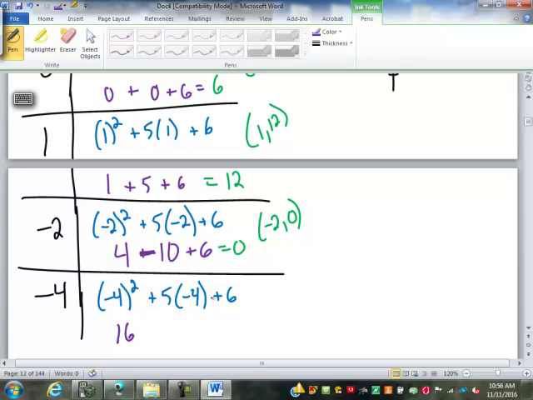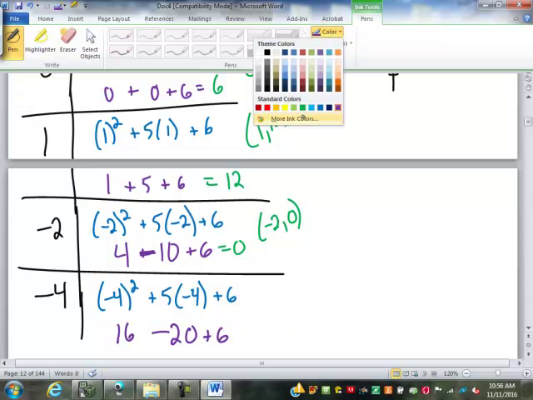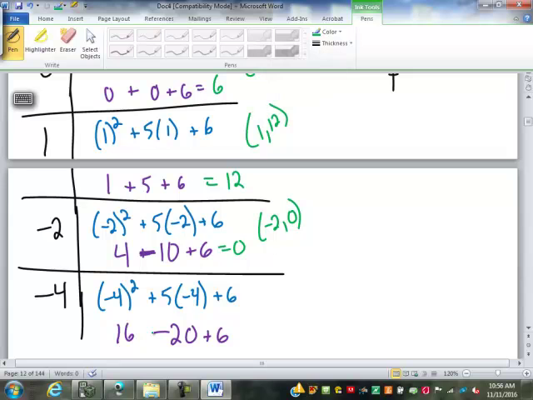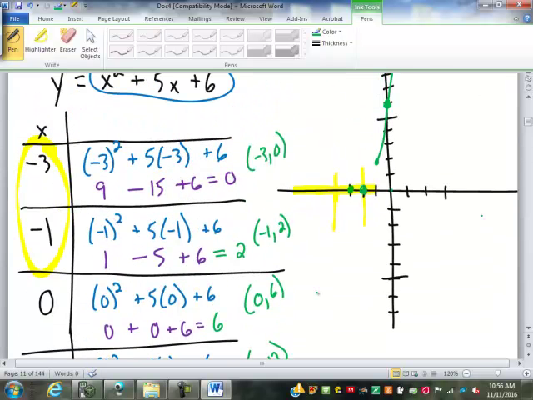Negative 4 squared is 16. 5 times negative 4 is negative 20 plus 6. 16 plus negative 20 is negative 4 plus 6 is 2. So I have, when x is negative 4, y is 2. Would seem to be right about there. I'm starting to get the picture, but let's go one more.